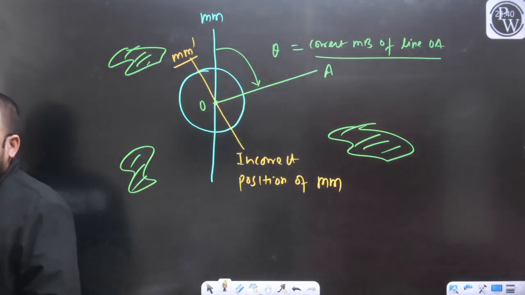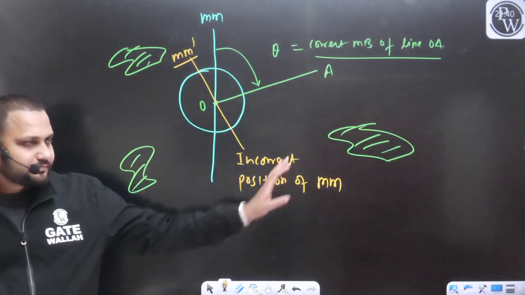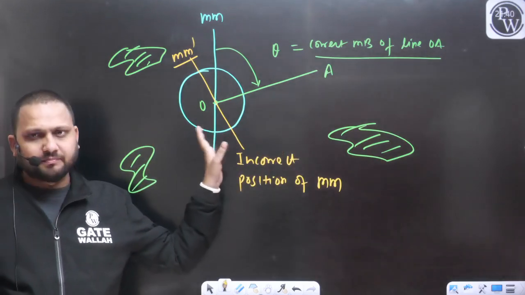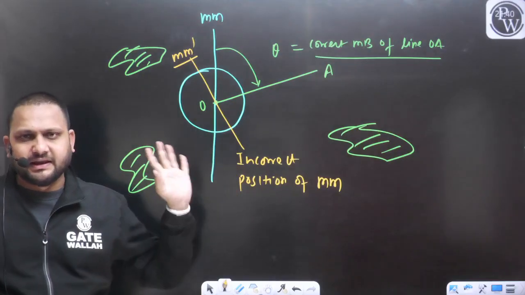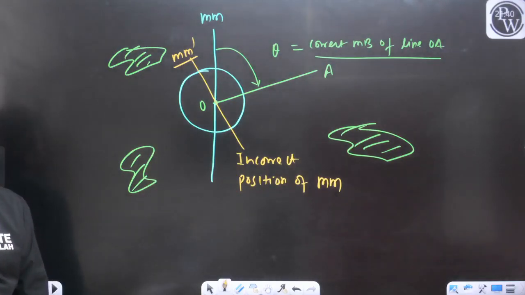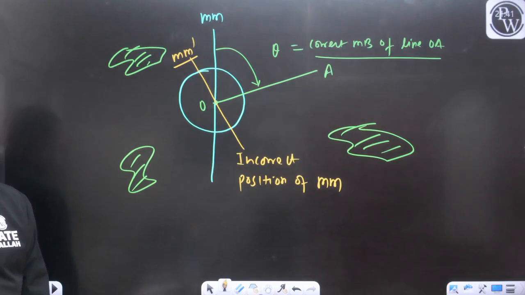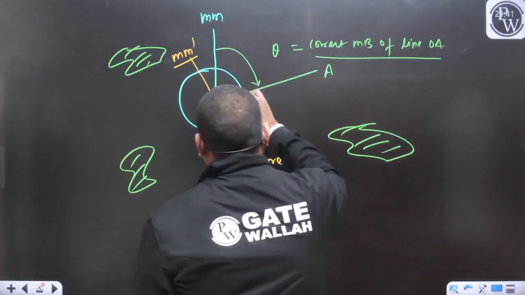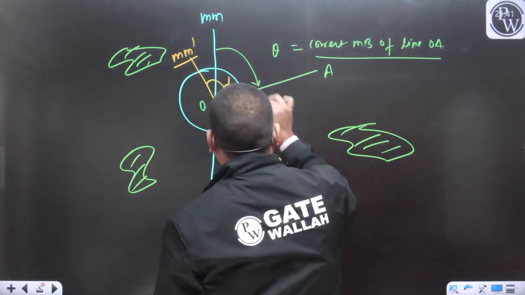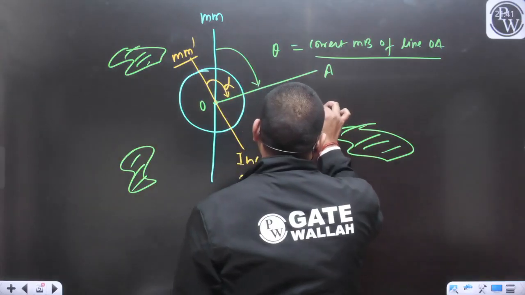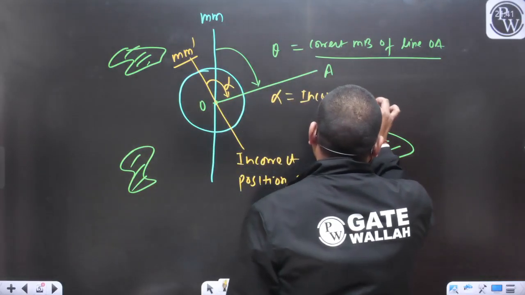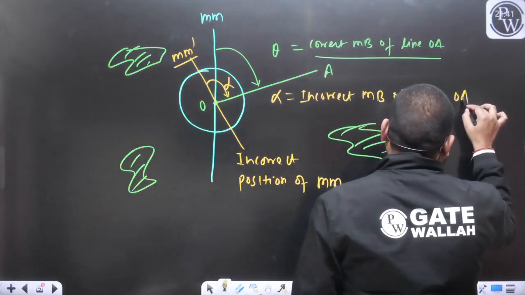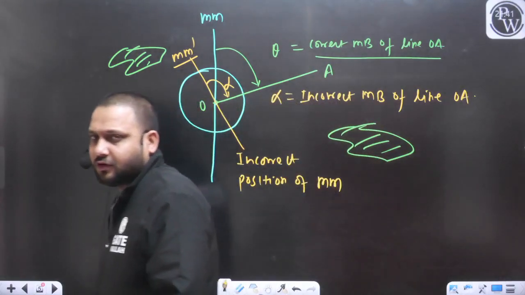Because of the availability of these objects, this is the incorrect position of the magnetic meridian. And if we consider this position and measure this angle, let's say this angle is alpha, so can I say alpha is going to be the incorrect magnetic bearing of the line OA? Yes or no?